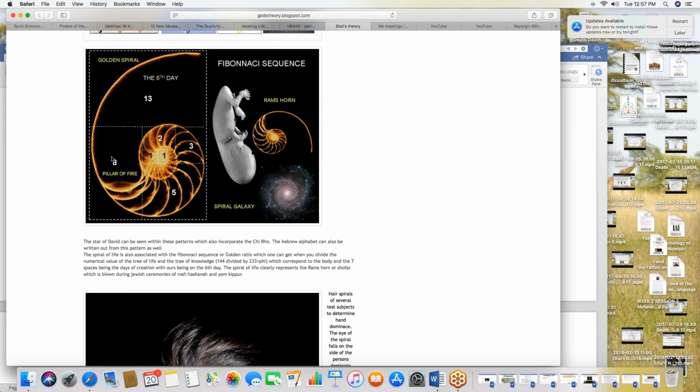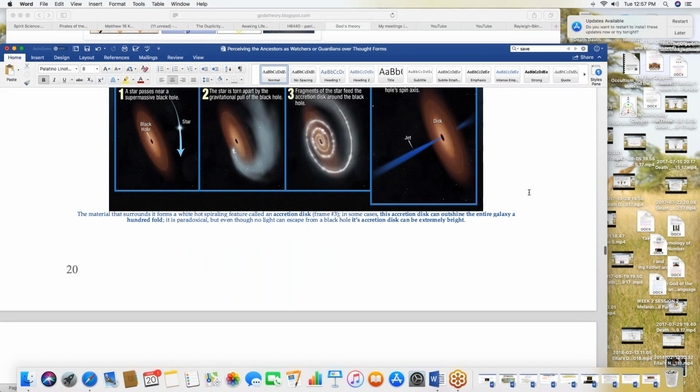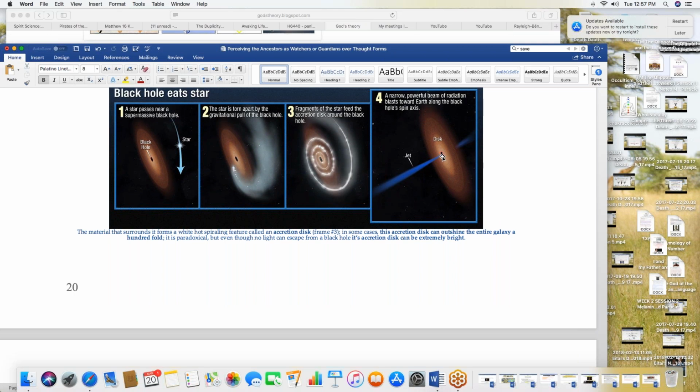Which looks like the number 6, which looks like a baby in a fetal position, which looks like a spiraling galaxy, which corresponds to everything within the physical universe. But this is the source. This is the creator, family.